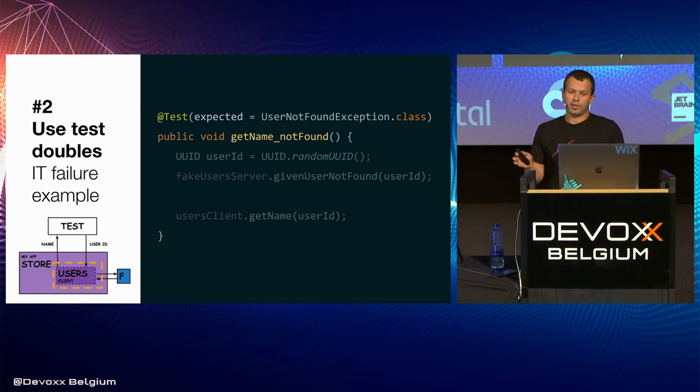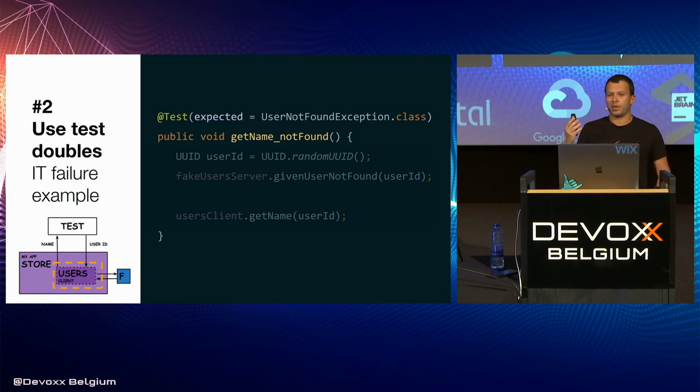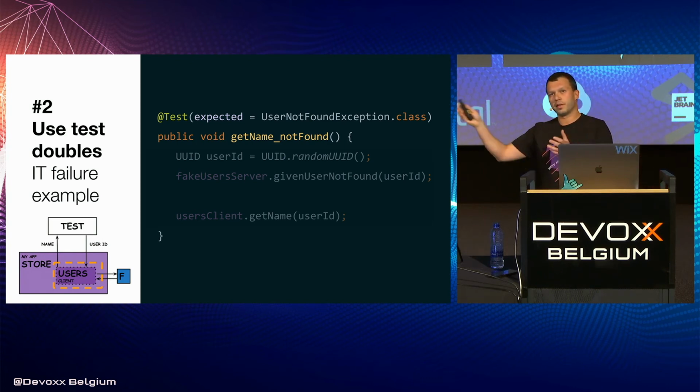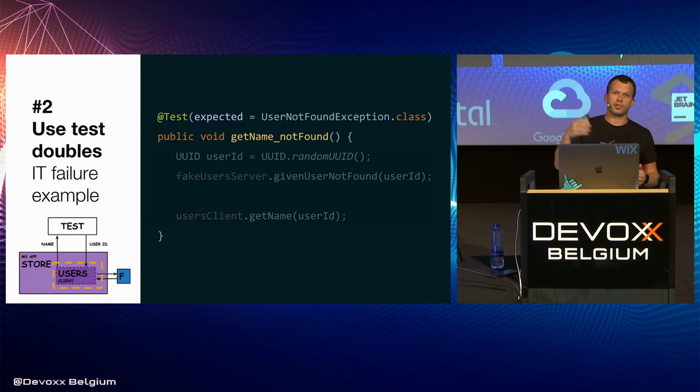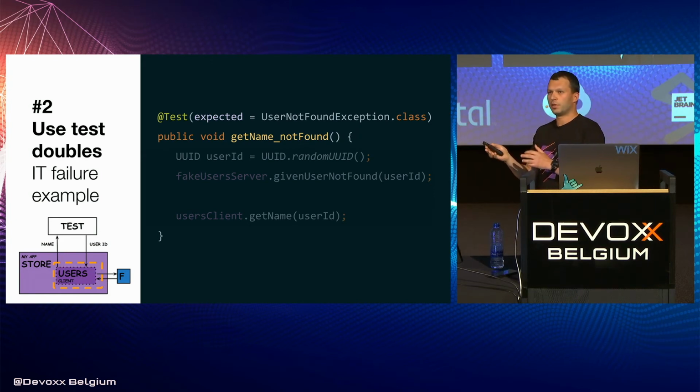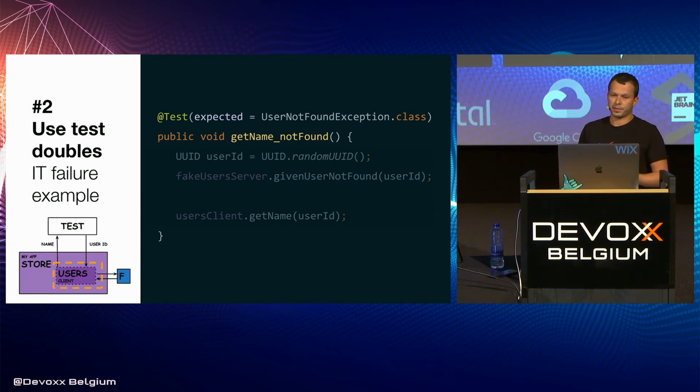Now, it's important to note here that because we implemented the stub, we can't be sure that it behaves exactly like the production service behaves. So for example, we assume that it will return us HTTP 404, but maybe it returns us HTTP 200 with a payload that says that the user is not found. So that's the disadvantage of this approach.